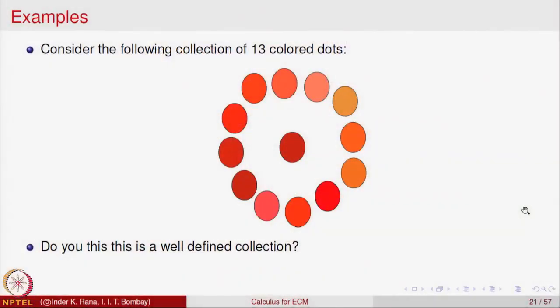To understand the word well defined, let me illustrate this with some examples. Consider the following collection of certain color dots. They are colored dots, and they are 13 in number.